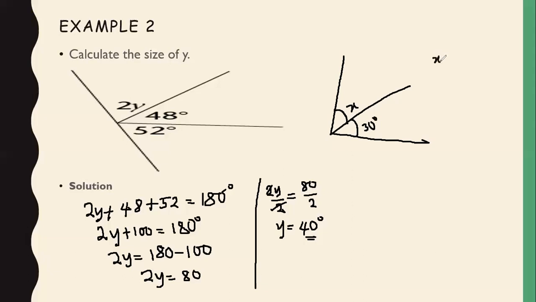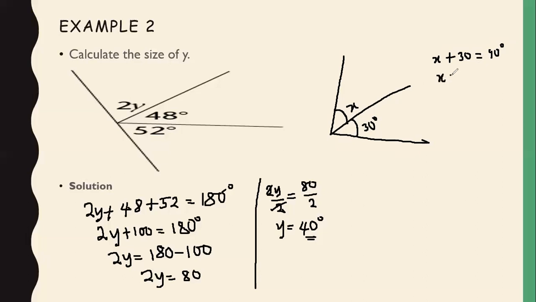Yeah, x plus 30 should be equal to 90 degrees, right? Why is it 90 degrees? Because these angles add up to 90 degrees, because they are complementary angles, right?